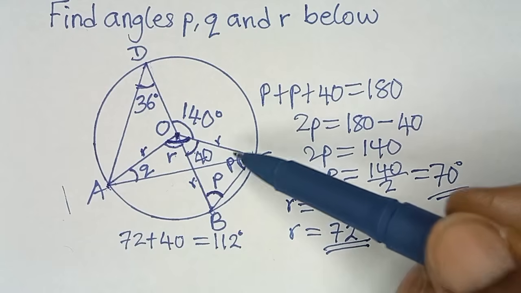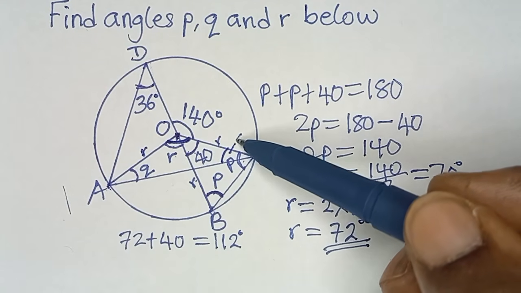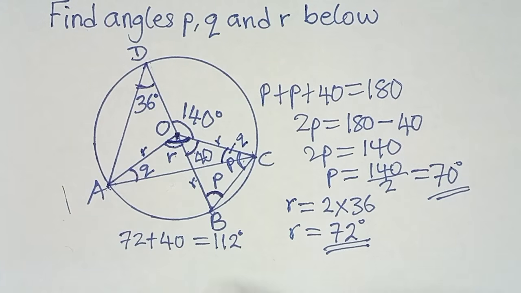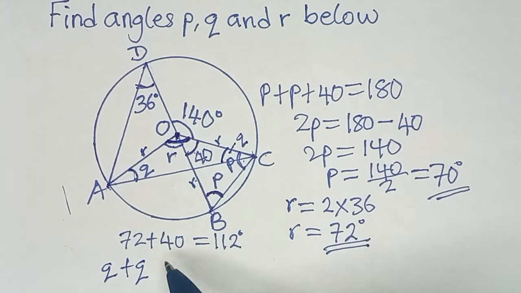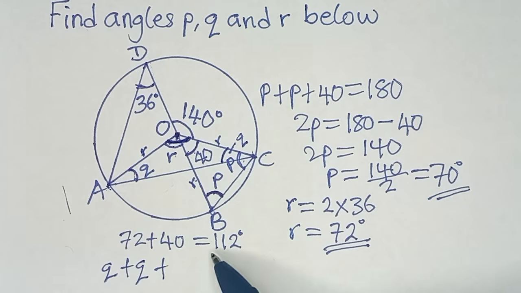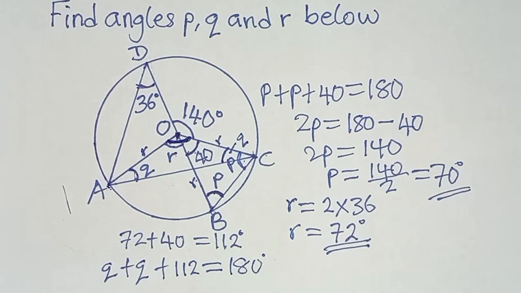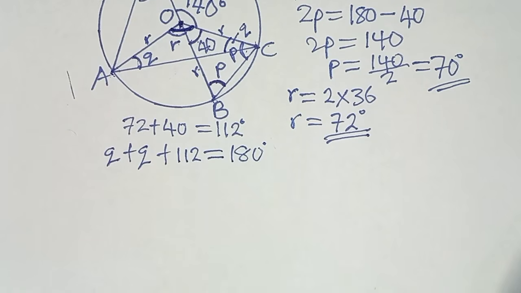So if this is Q, then this second base angle here will also be Q. So I can now say Q plus Q, that is this base angle plus this base angle, plus the top angle, which is 112 that we just obtained, together will give us 180, because the sum of angles in a triangle add up to 180 degrees.